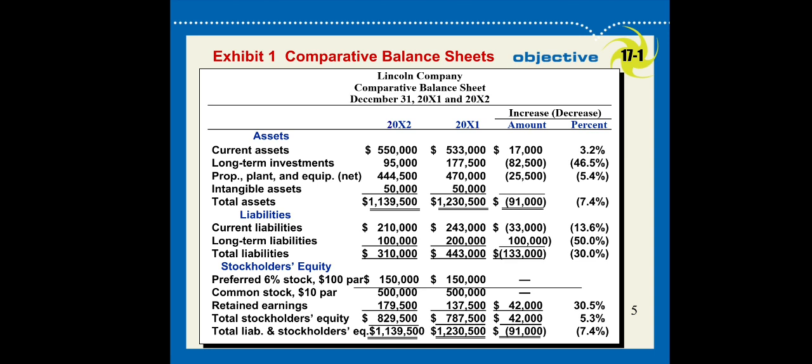To interpret the data, remember the balance sheet is a statement or a document or a report that shows the financial condition of the business. So you can see here, the total asset is getting better or getting worse. So you have to know that the total asset is getting worse. A decrement in asset 7.4%.